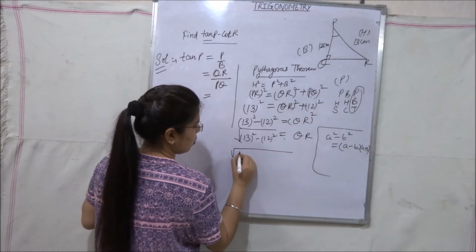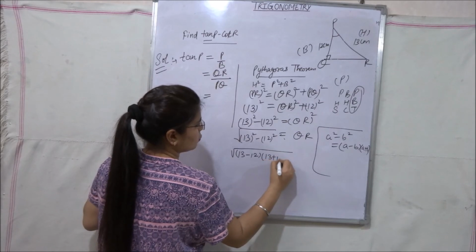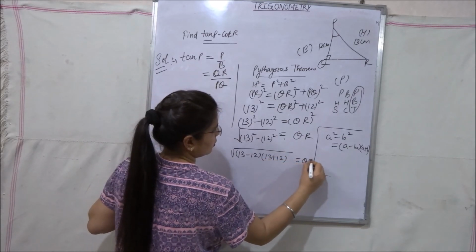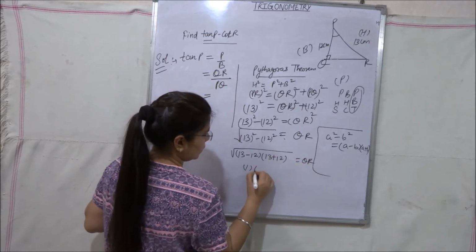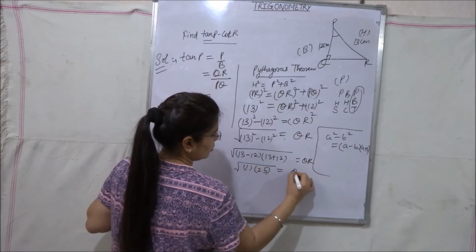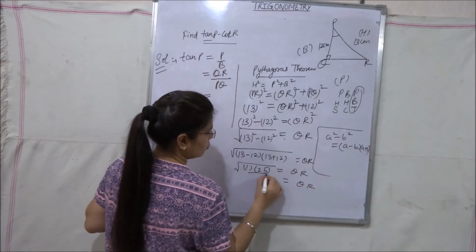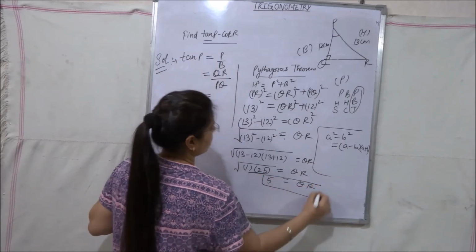So we simply solve 13 minus 12 into 13 plus 12. 1 into 25. So our value of QR will be 5. Under root of 25 is 5.